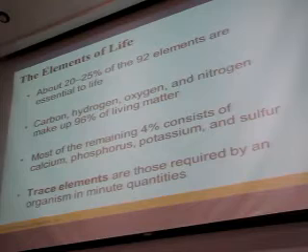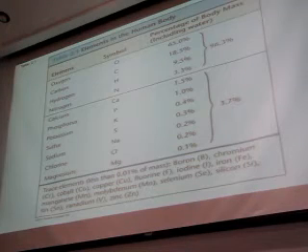Trace elements are still required, but in very, very small amounts. A trace element does not mean that it's rare on the earth. It means it's required in very small amounts by living organisms. Iron is a trace element.